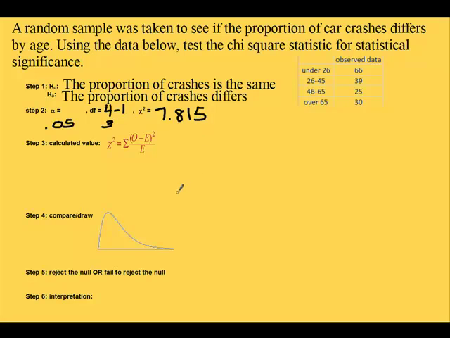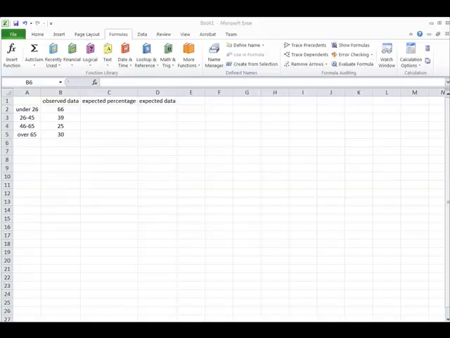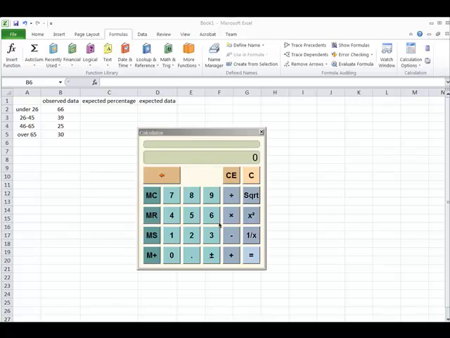Now, to go to step 3, the calculated value, we're missing the expected value, so we'll have to find that. The first thing I need to do is figure out how many people are in this sample. So if I add these numbers together, 66, 39, 25, and 30, I get a total of 160 people.